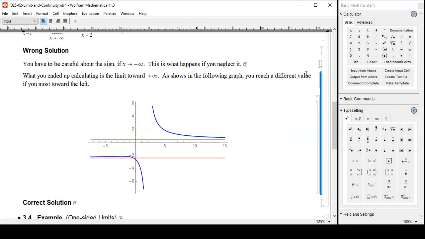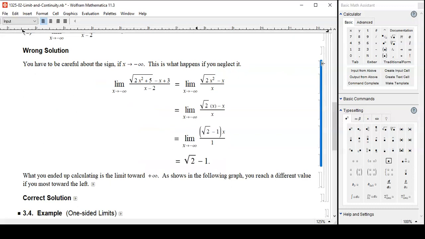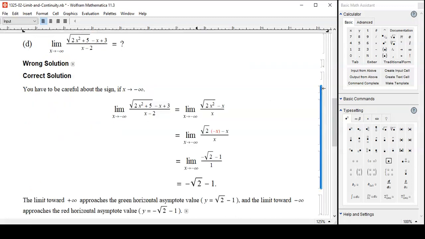So something is wrong. How do I correct it? The answer is right here. When you get x squared out of the square root, it became negative x. Why? X is going to negative infinity, so x itself is negative.